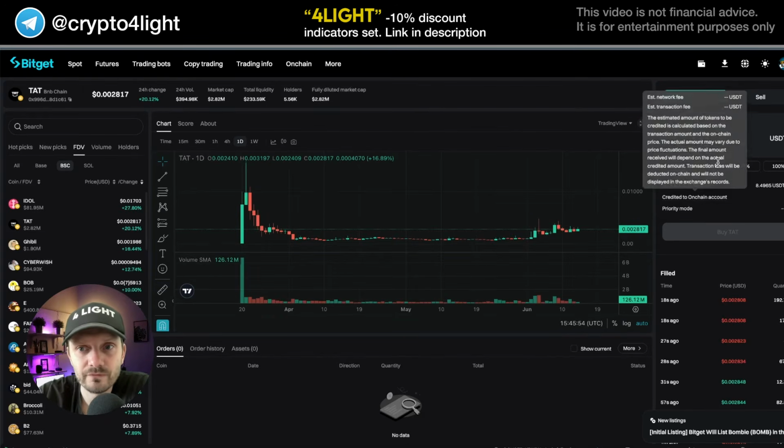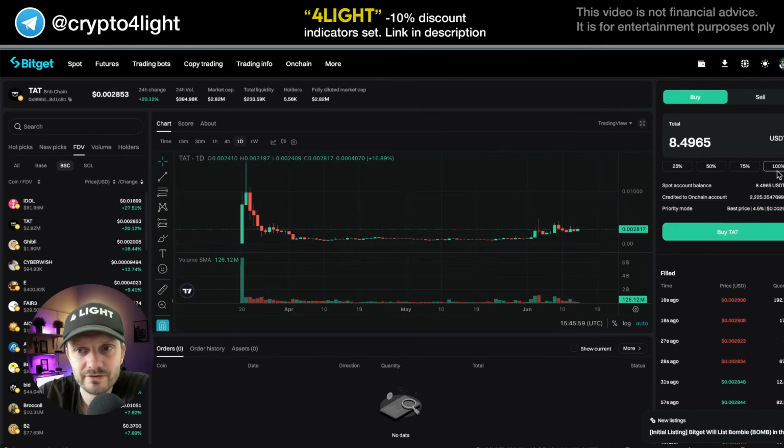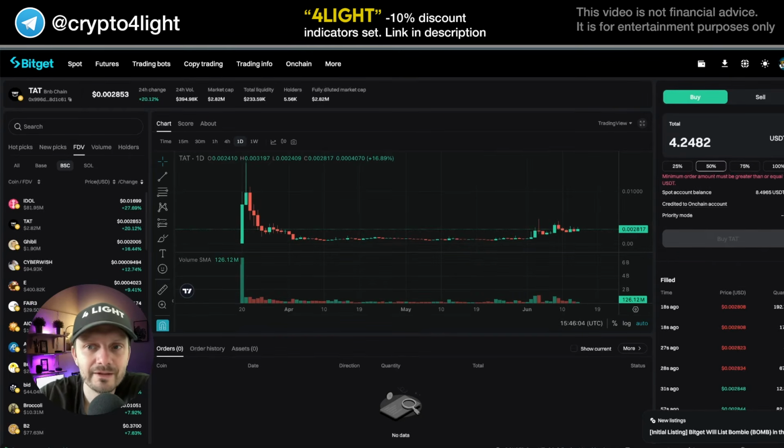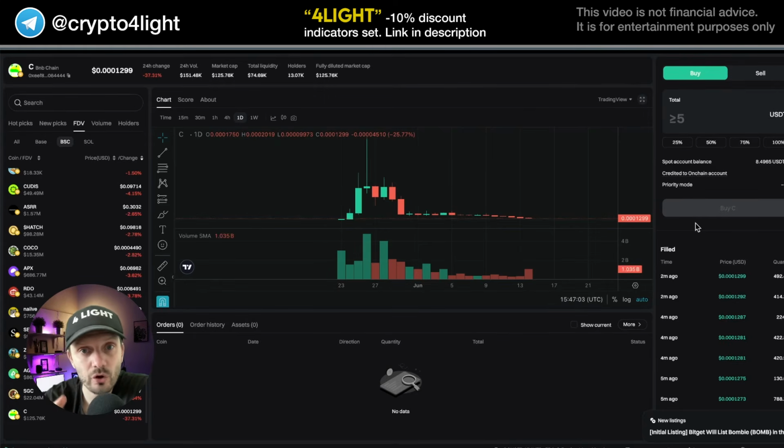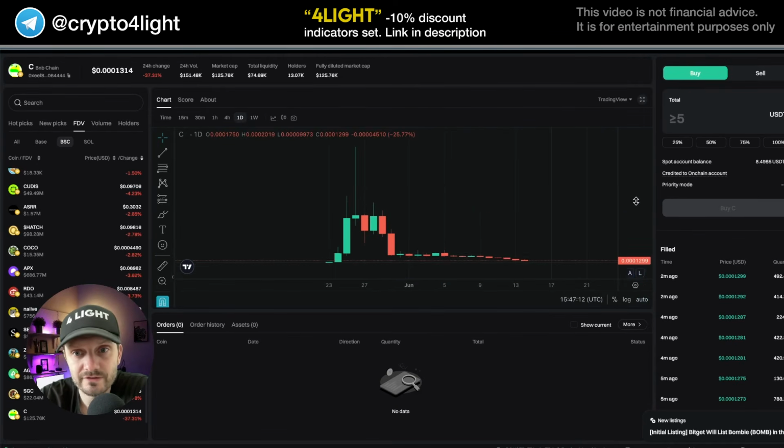You can choose by percentage, for example 25%, 50%, 75%, 100%. The minimum you can buy is $5. And of course, guys, you have to know this token is not listed by Bitget. It's still on-chain. Bitget just provides the option to trade tokens like this one inside the platform.